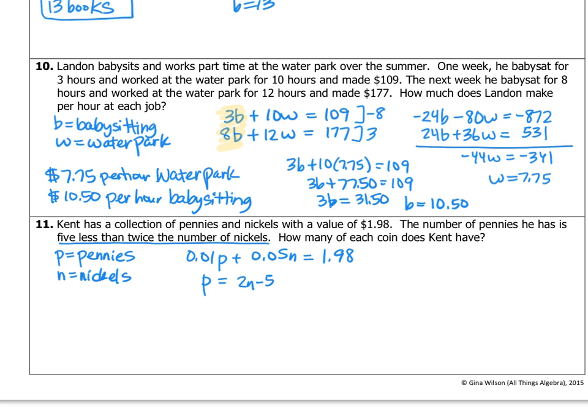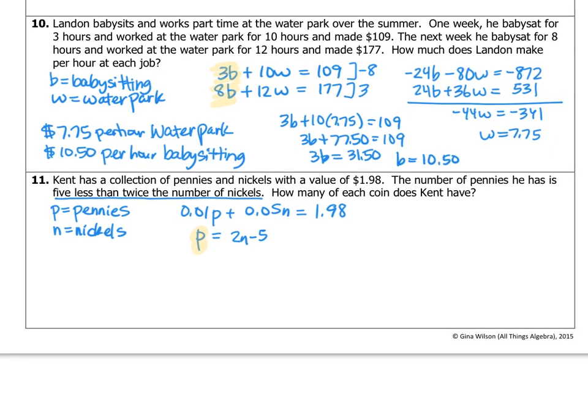Now, I'm going to use substitution since p is already isolated right here. Then I'm just going to plug it into the other equation. So that would give me 0.01 times (2n minus 5) plus 0.05n equals 1.98.